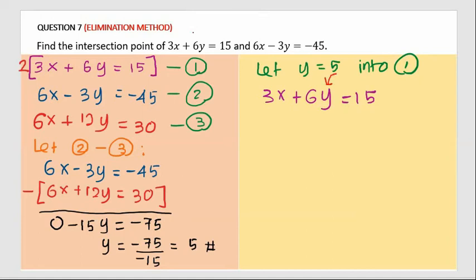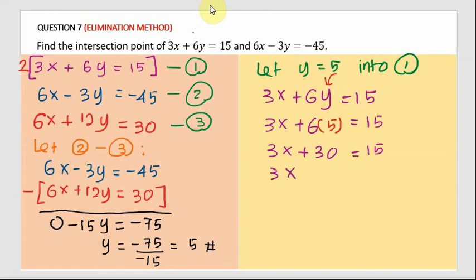Then we have 3x plus 6 times 5 equals 15. So here is 3x plus 30 equals 15.